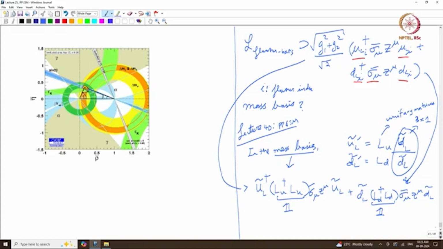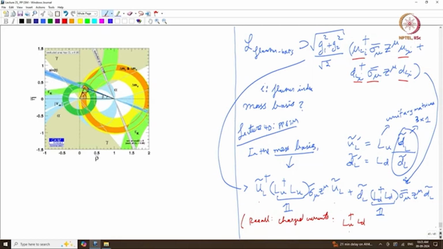Okay. Remember, when we had charged currents, recall that we actually had something like L_U dagger L_D, because on this side I had a U_L dagger, but then on this side I had a D_L, right.